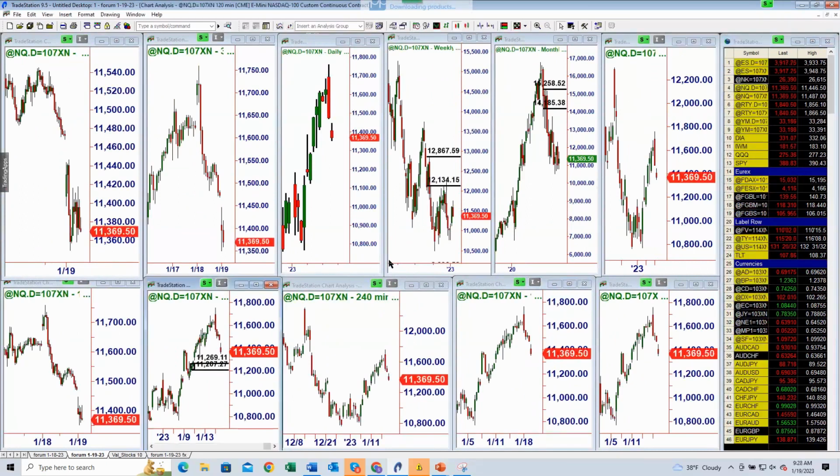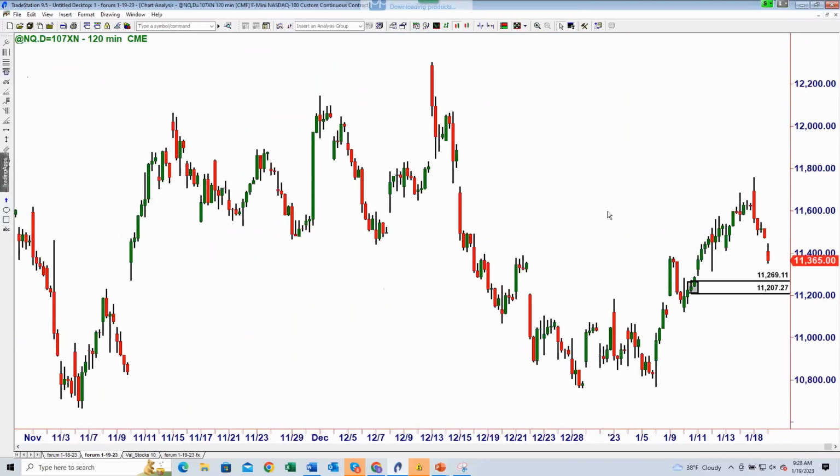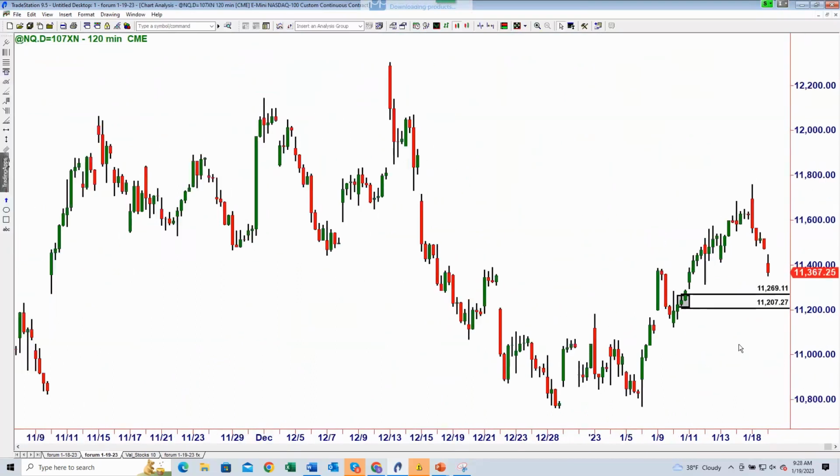Again, sticking to our rules of location, the demand zone that's better probability needs to be below this pivot right here. It needs to be below the pivot. Make sense? So we have the 11,269 down here, and we're certainly not even close to that at the moment. Still 100 points away from that.